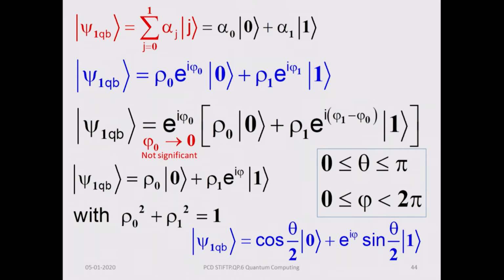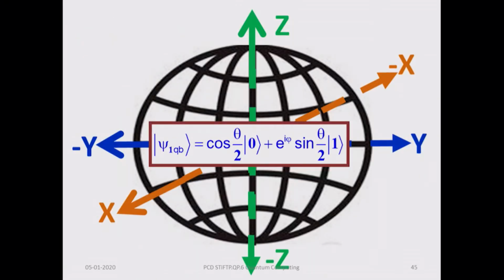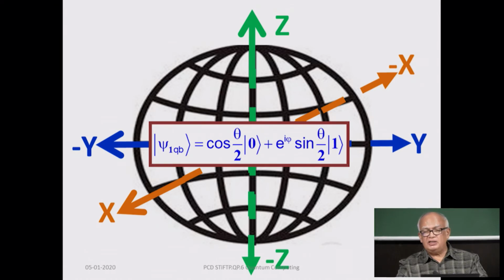So, this becomes a general expression of the qubit. You have taken advantage of the fact that there is an overall phase phi 0 which does not matter, and you have also taken advantage of the fact that the sum of the modulus squares of the coefficients goes to 1. So, you can represent a qubit by this, and I have used half angles for reasons which will become very clear now, and you will see the advantage.